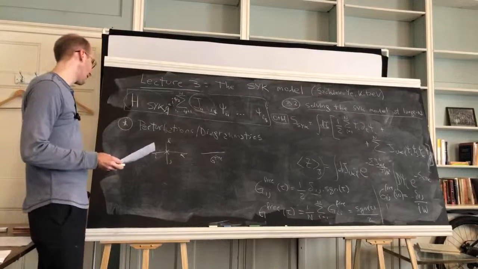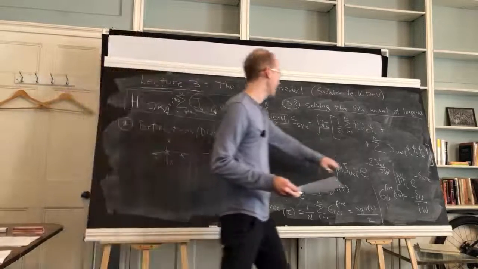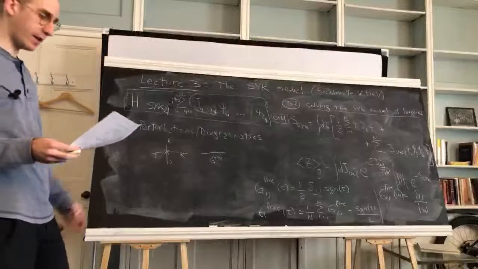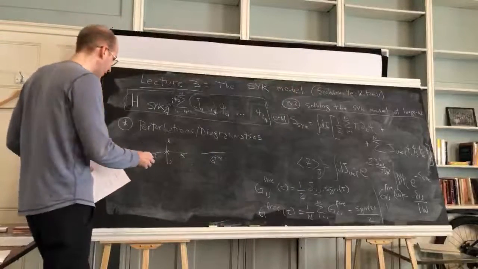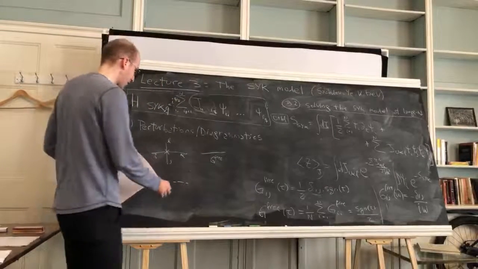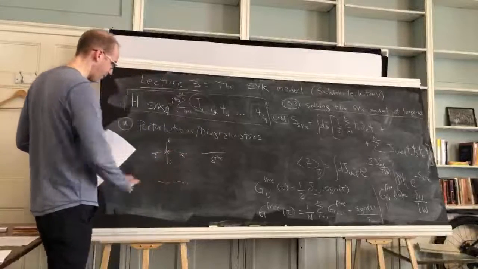But we still haven't incorporated the average over disorder. And the way this can be done in this diagrammatic expansion is by adding a field, treating J as a field, but it doesn't have any free propagator.